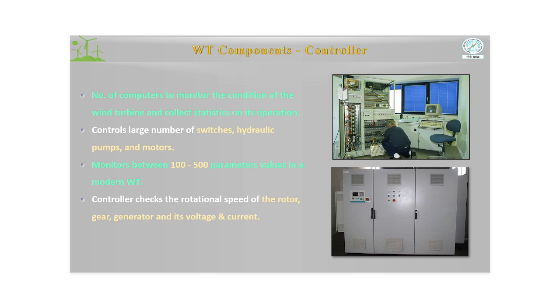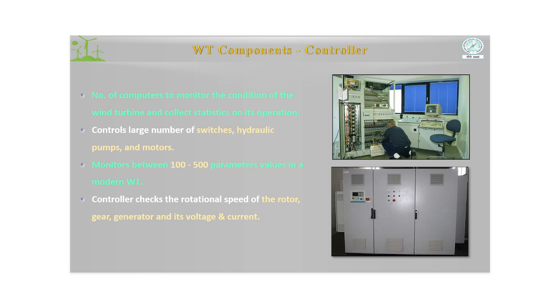Then generally, among the wind turbine components, the controller is the heart. It is like the CPU of the wind turbine, which you will know definitely in electrical terms, whether the grid is pumping energy to the grid or receiving energy from the grid.